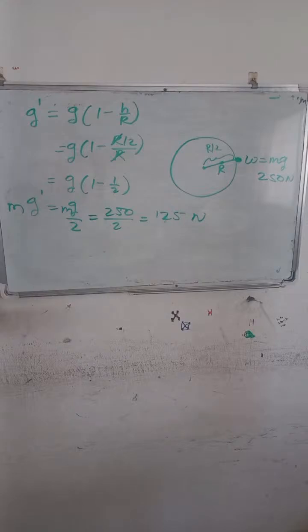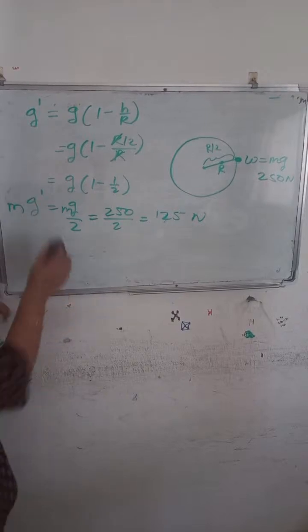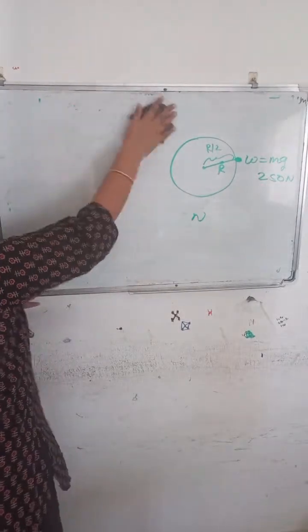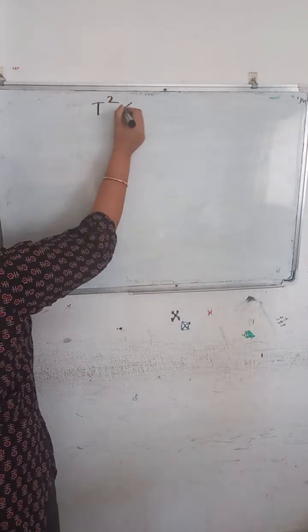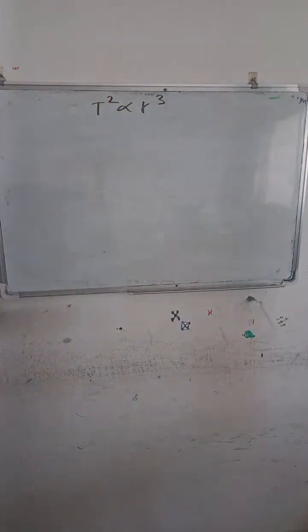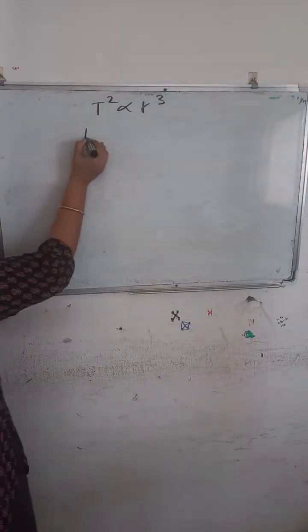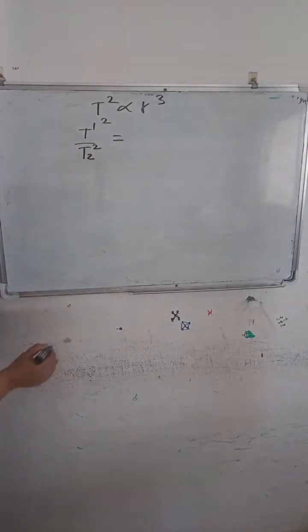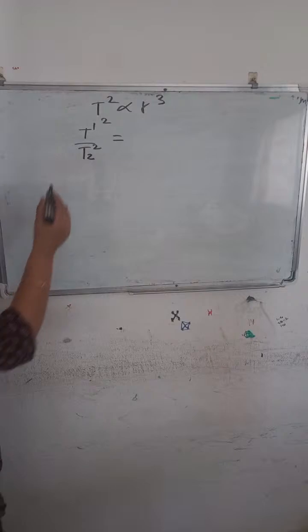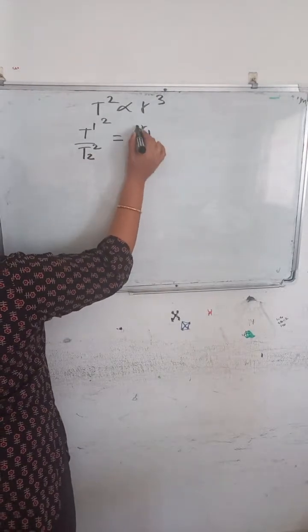Kepler's third law says that the time period squared is directly proportional to the radius cubed. So we can apply the same formula here: (T1/T2) squared is equal to r1 cubed upon r2 cubed.